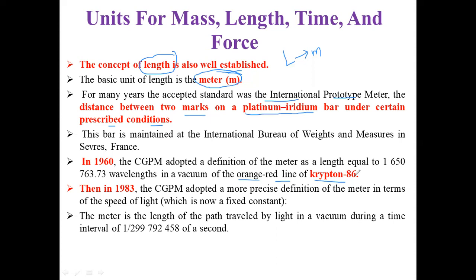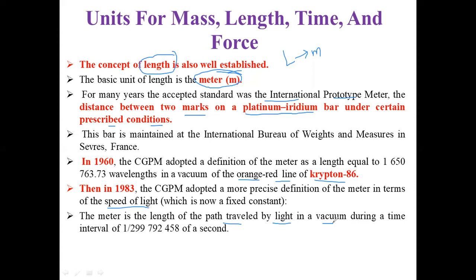Then in 1983, CGPM adopted a more precise definition of the meter in terms of the speed of light, which is now a fixed constant. A meter is the length of path traveled by light in a vacuum during a time interval of 1 by 299,792,458 of a second.